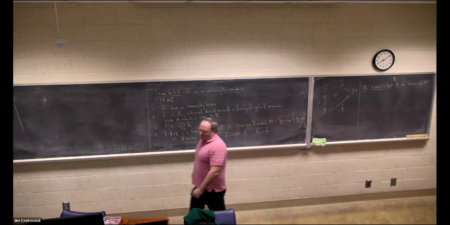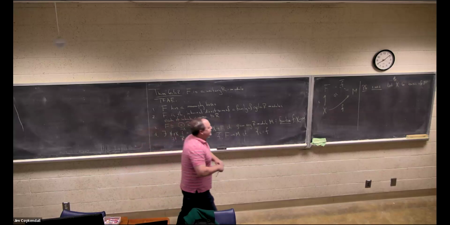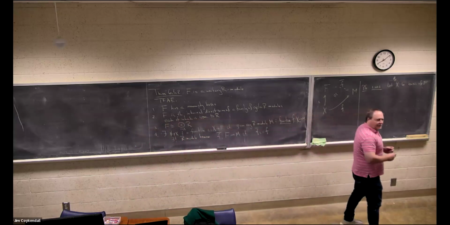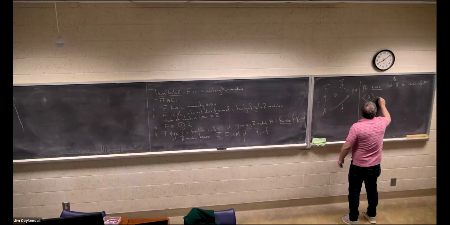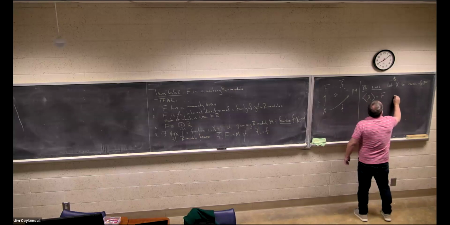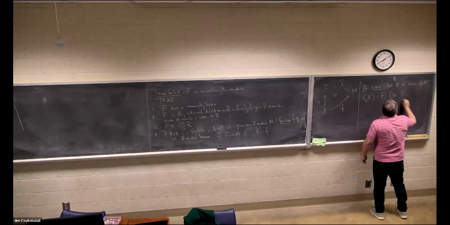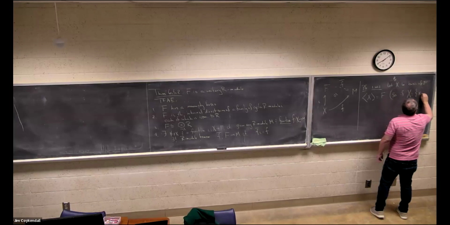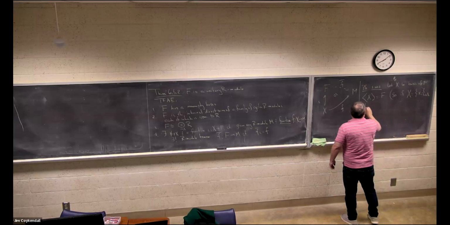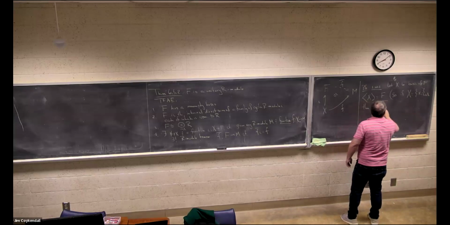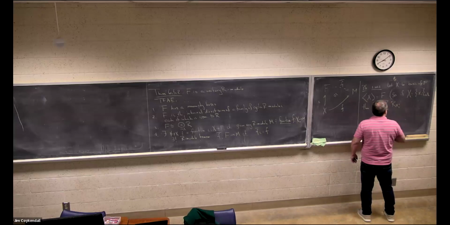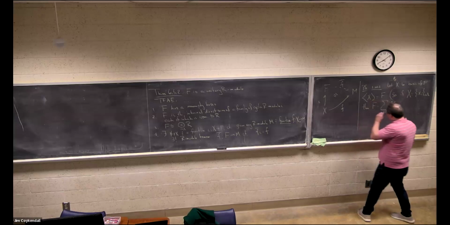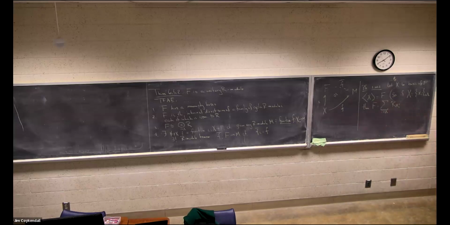So what do we know? We know that since X is a basis, it spans F. So the submodule generated by X equals F. So that's one of the things we need for the internal direct sum.